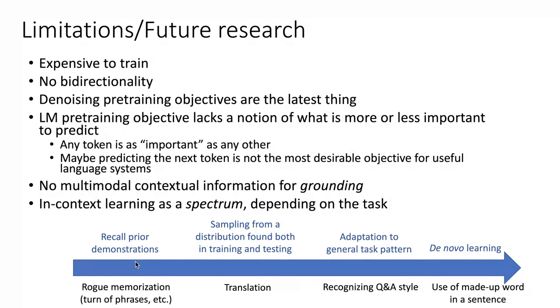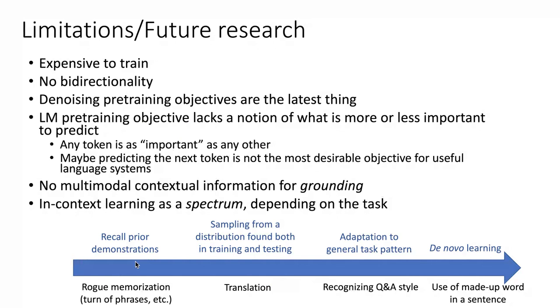Then there's something slightly more abstract, where instead of sampling from the same distribution in the training data at test time, it recognizes a general task pattern that it's seen in the training data, for instance recognizing a Q&A style. That's matching a pattern seen in the training data, all the way to de novo learning.